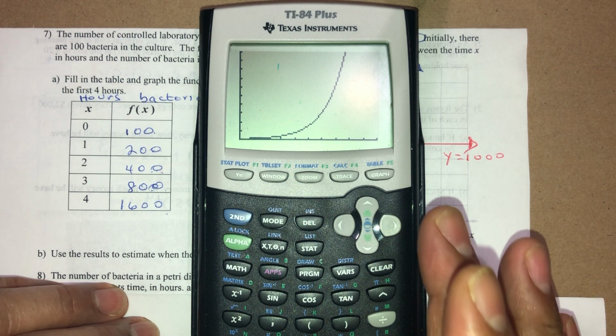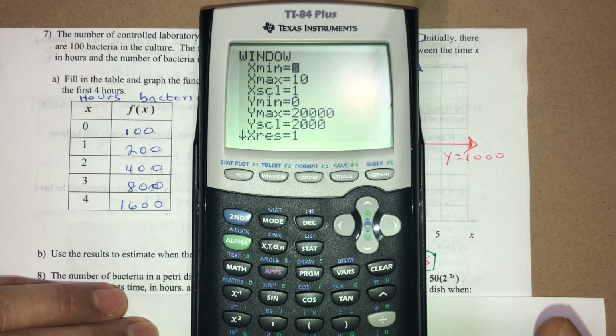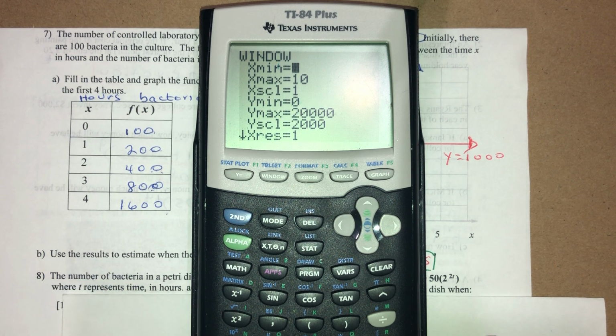What happened? If the other one works, how come it's not working here?